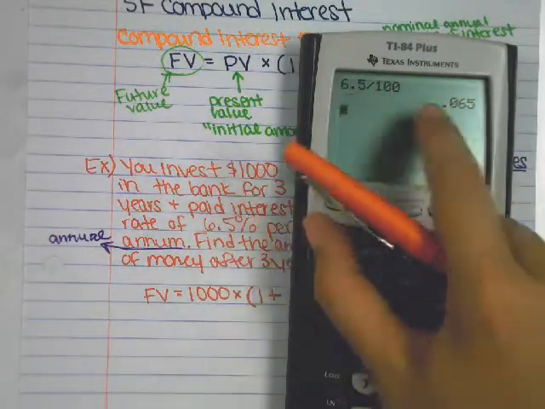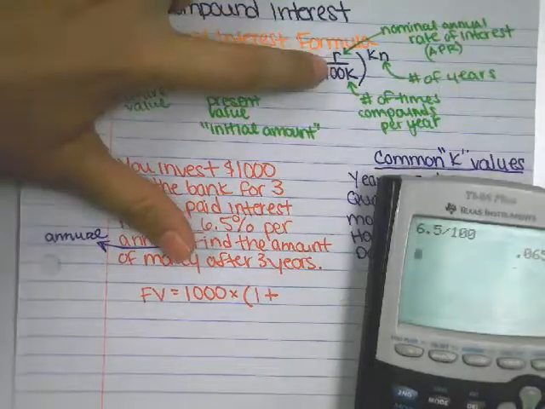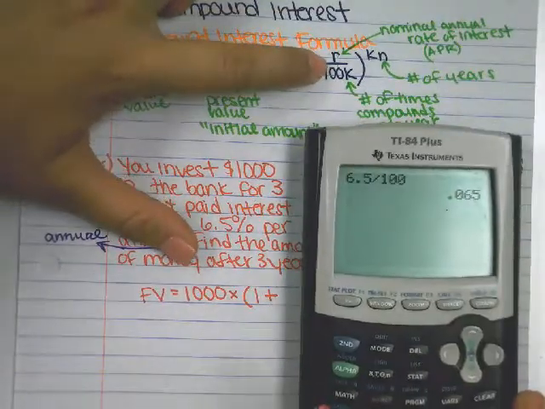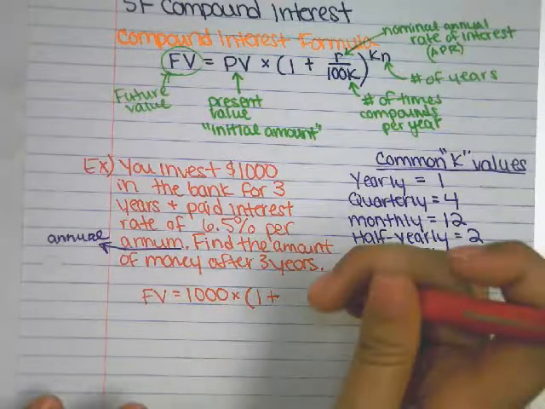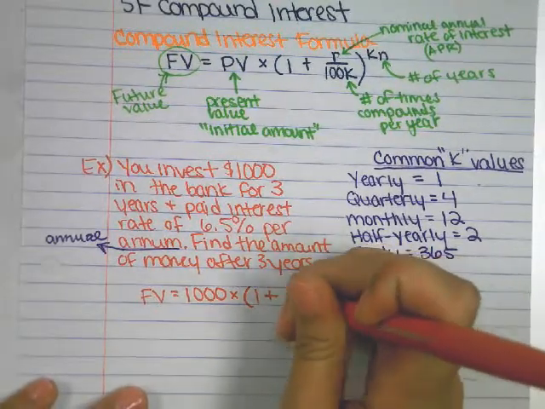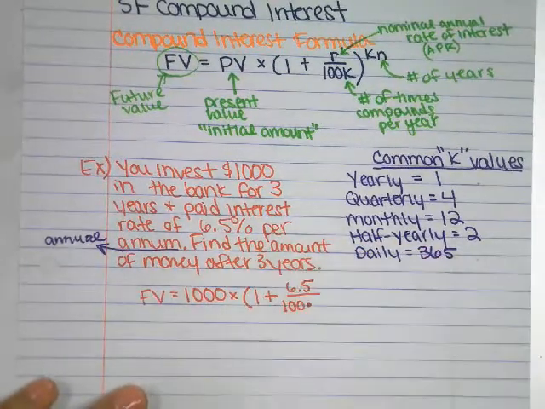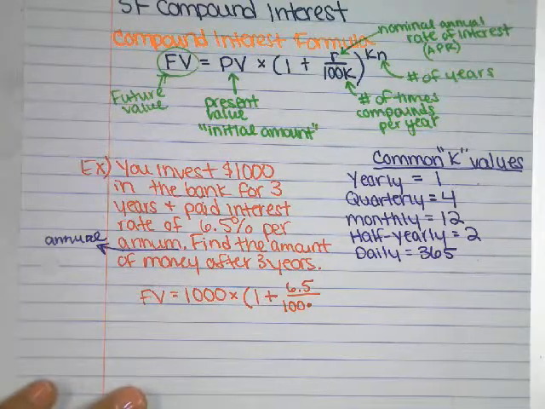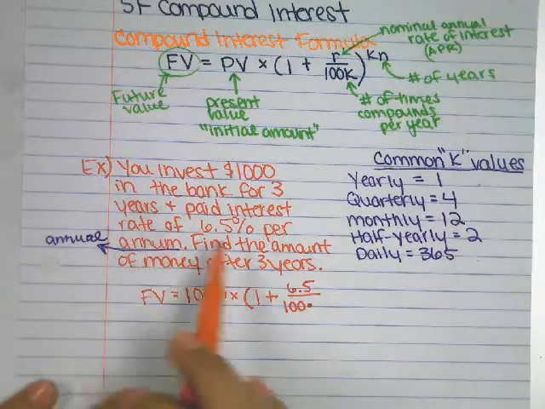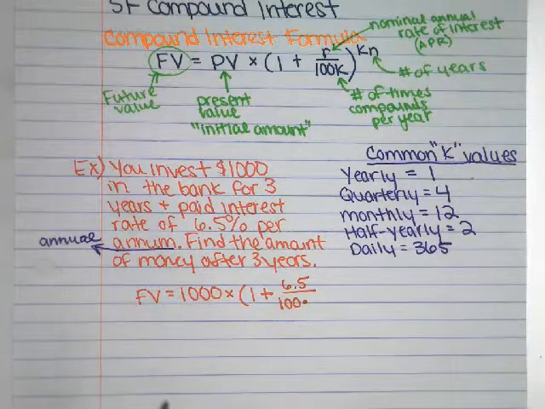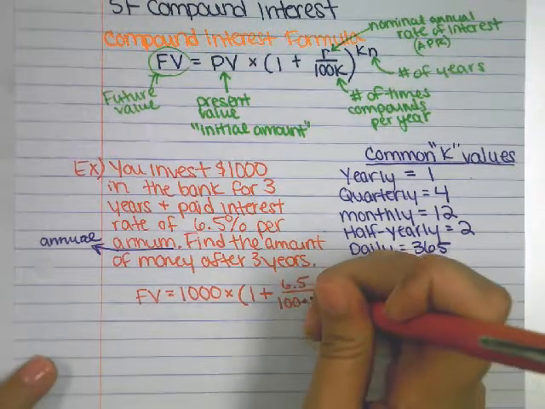This is your percent, this is your decimal. The formula has the 100 in there, so it does it for you. So we can just use 6.5 over 100 times K. Paid interest rate per year, per annual, once a year, so 1.